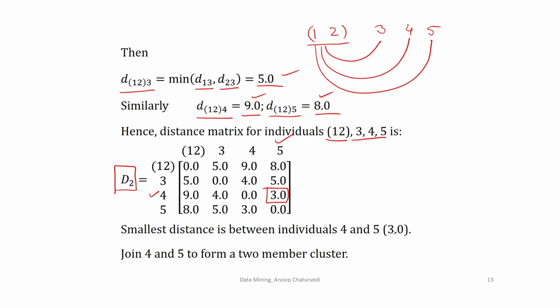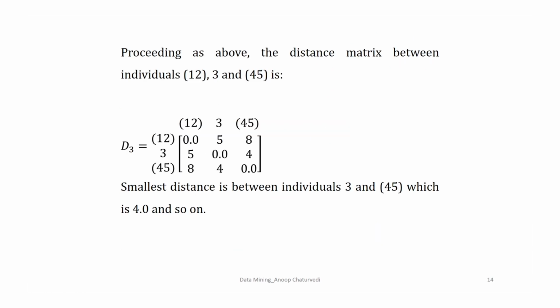So, at distance 3.0, we are going to merge the individuals 4 and 5 in a single cluster. So, we join 4 and 5 to form a 2-member cluster. Again, we proceed as above. We calculate the distance between 1, 2 and 4, 5 and between 3 and 4, 5.